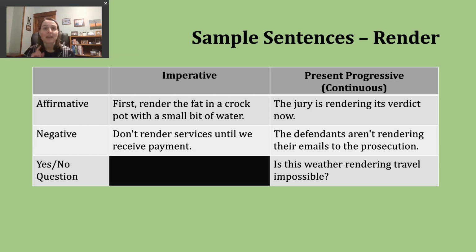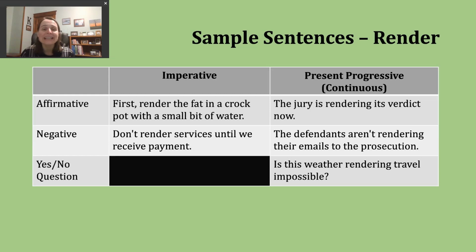Okay, so this recipe is telling us the steps we need to do to make a particular dish. And so that's why we have the imperative here. It's telling us our first step, right? And then second step would probably begin with another imperative verb telling us the next action to take.